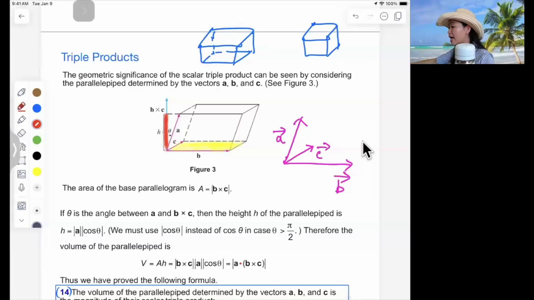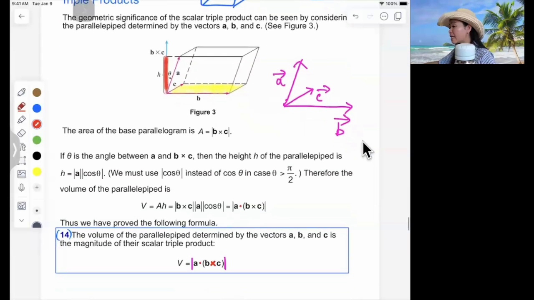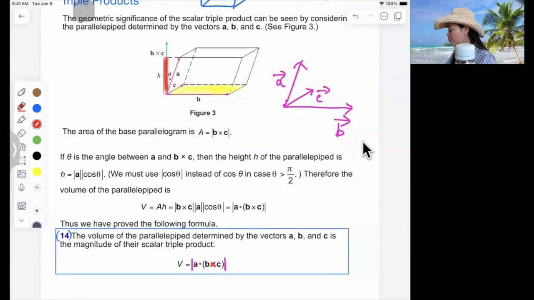Okay. So this base times this height. Look at this height here. How is it related to the A? Is it magnitude of A times what? This angle is theta, cosine theta, right? So magnitude of A times cosine theta. So basically, remember this one here is the H, right?